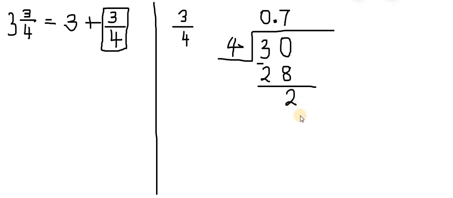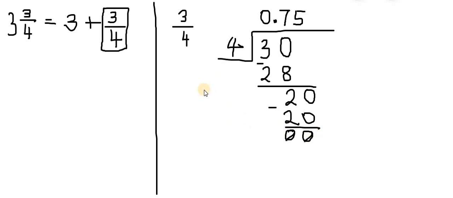Now, because we're behind the point, we get one free 0. So, get a free 0 again to continue. How many 4s in 20? That's 5 if you go through the 4 times table. 4 and 5 make 20. So we subtract. That's both zeros.